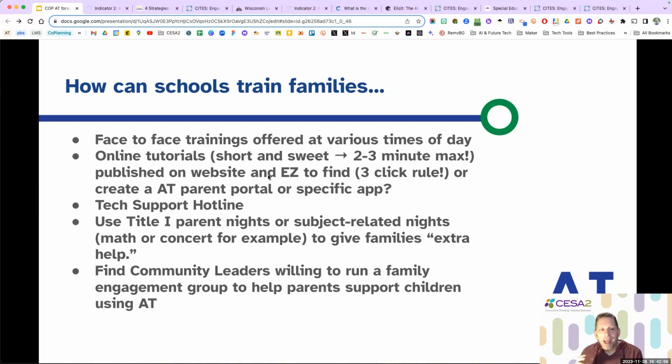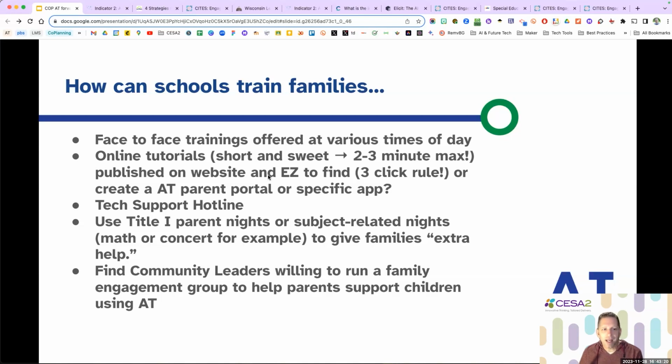Create maybe even an AT parent portal where parents can log in, and all the AT-specific information, trainings, and research is right there, as opposed to trying to find it on the main website, right?